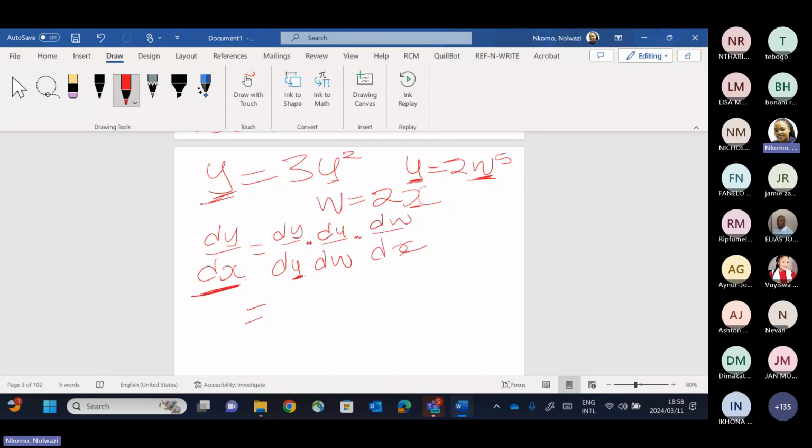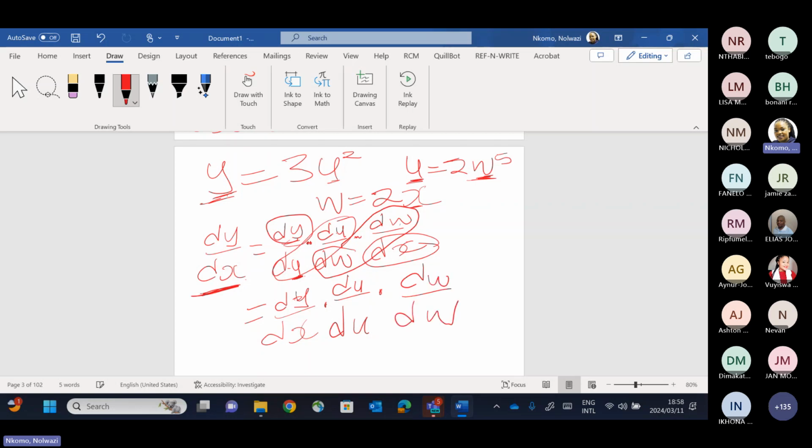Again, if you want to check whether you'll get the same answer, you can write this as dy over dx, and I'm left with du over du times dw over dw. We know this is 1, and this is 1 again. So 1 multiplied by 1 is 1, and 1 multiplied by dy over dx is dy over dx.